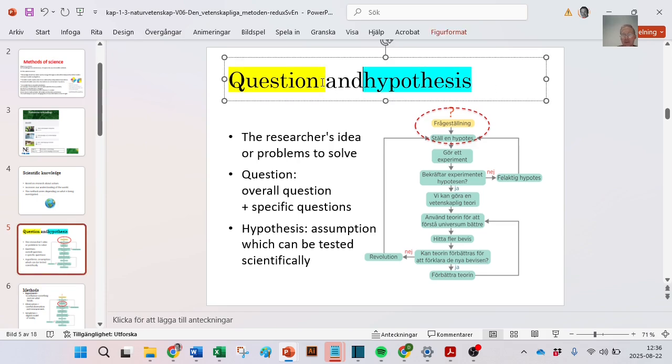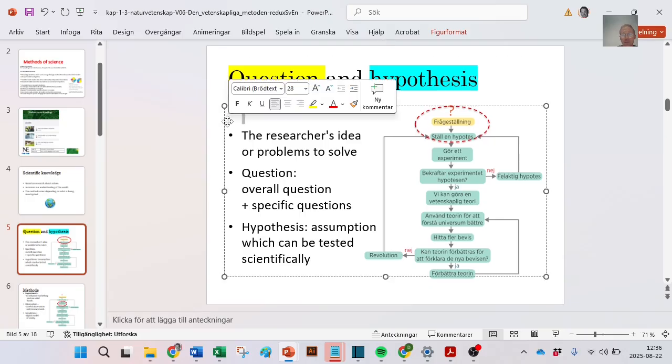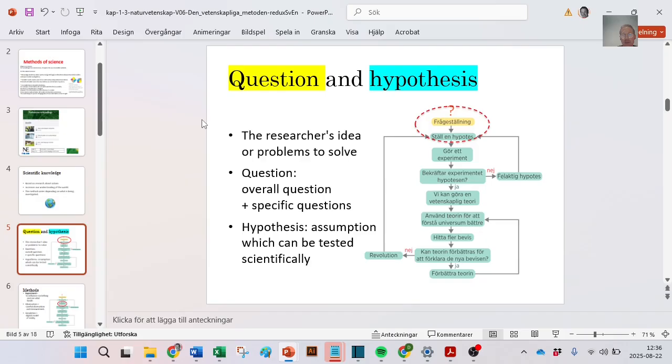And a question in scientific form is called a hypothesis, which is not a question anymore, but a statement that we want to test. Is this true or false? That was a hypothesis. It's an assumption, but it all comes, of course, from questions about the world.